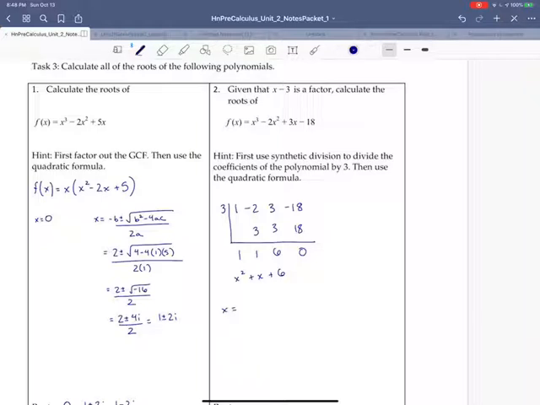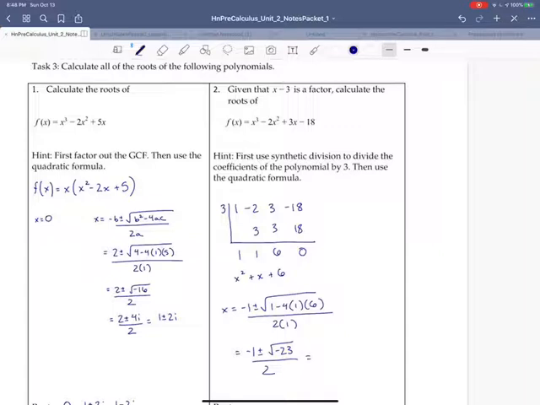So we're going to say x equals negative b, so that's negative 1, plus or minus the square root of b squared, that's 1 squared, 1, minus 4 multiplied by 1 multiplied by 6, all over 2 multiplied by 1. And that simplifies to negative 1 plus or minus the square root of negative 23 over 2.